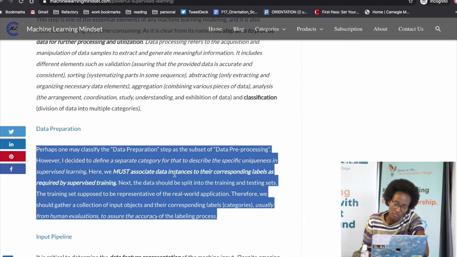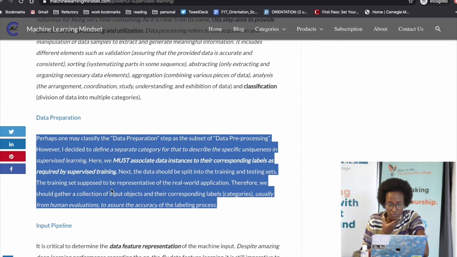Here we must associate data instances to their corresponding labels as they're required by supervised learning. Okay, that's the reason I guess that they've split them out, trying to say that in supervised learning, we have to have labeled training data. So they're just using the data preparation step to associate data instances to their corresponding labels.